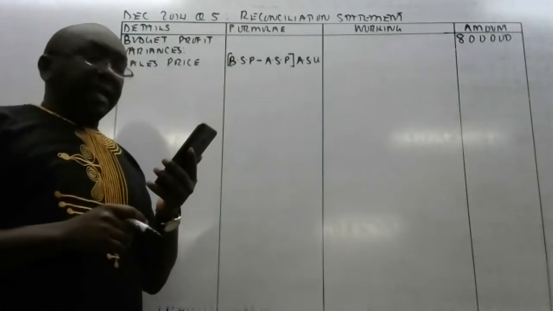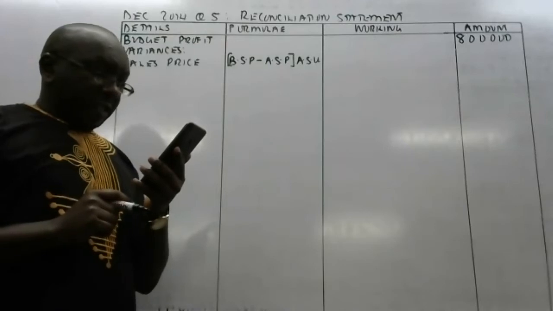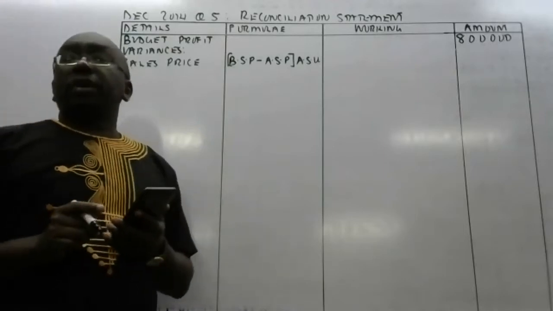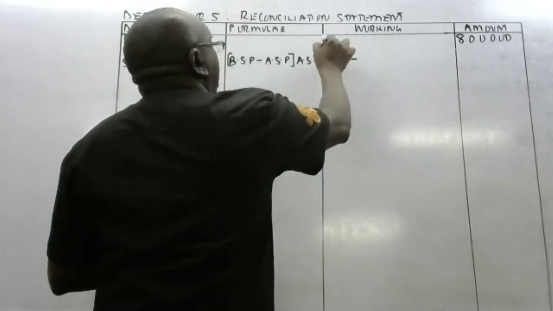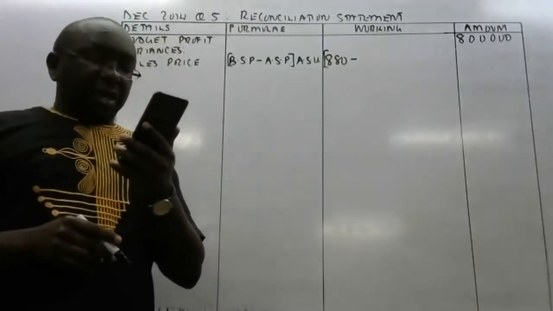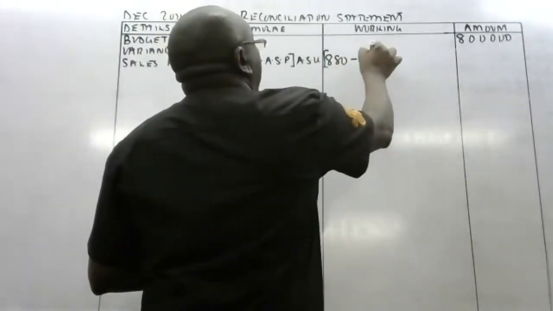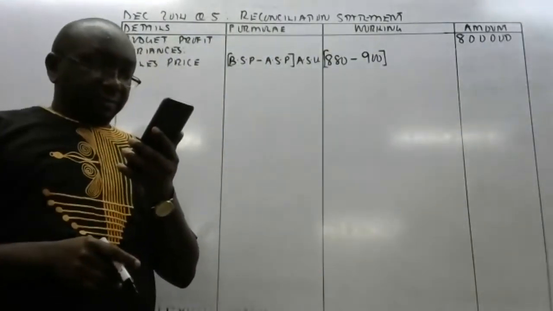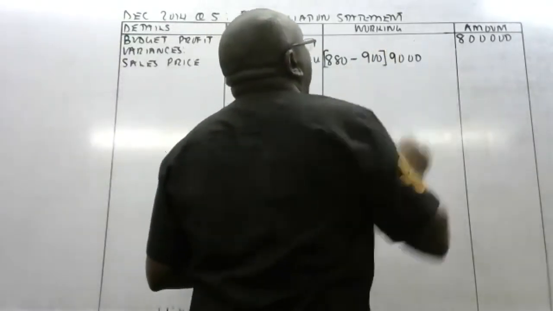Sasa, ukiangalia huko juu kwa budget, the selling price was supposed to be how much? 880. That is the selling price. And ukiteremuka hapo kwa actual results, each unit ended up being sold at 900. And still in those actual results, how many units were sold? 9,000.